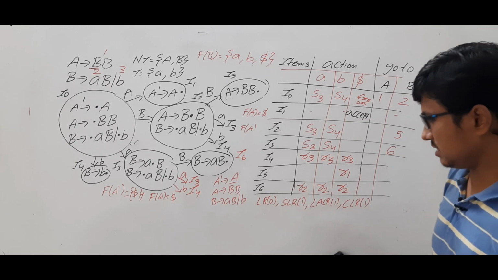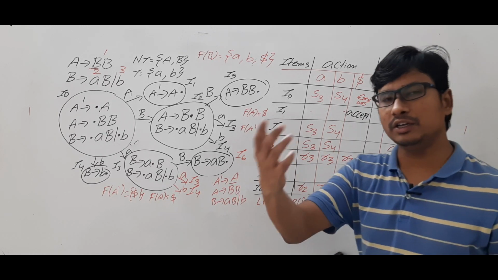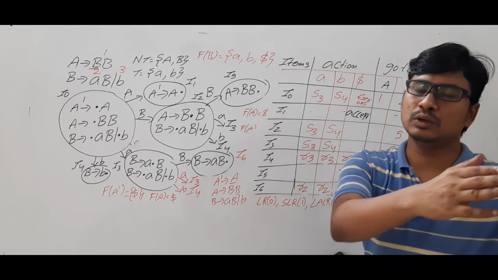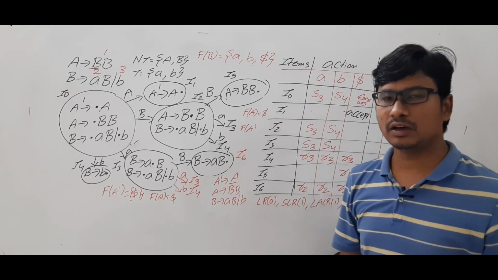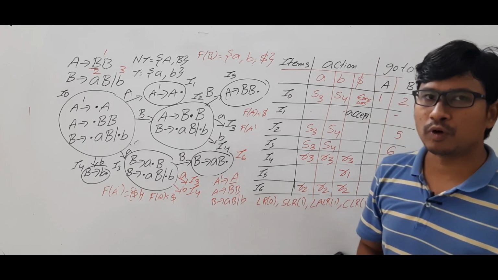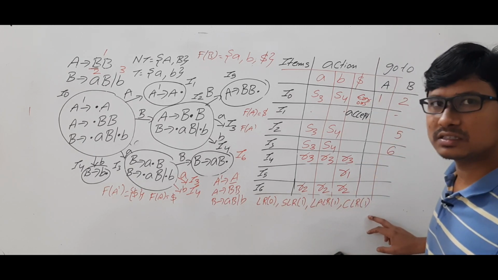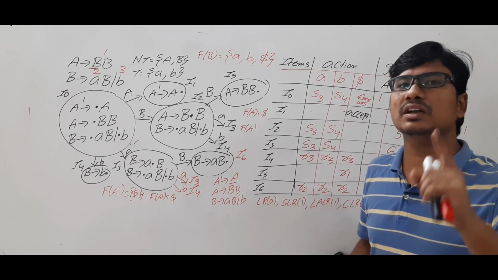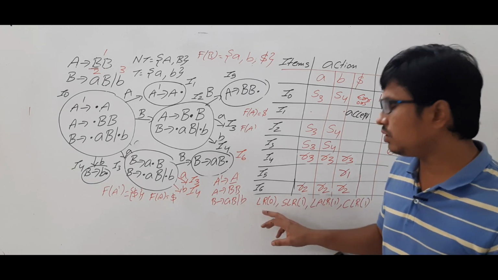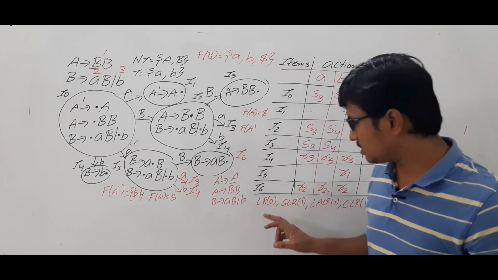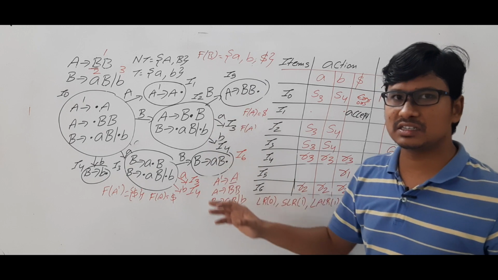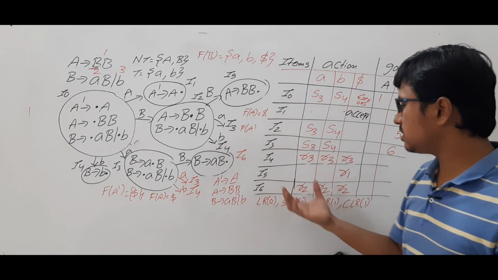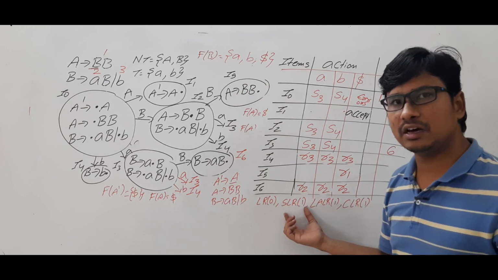All these parsers need the input string, the parsing table and the stack data structure to construct the parsing tree, am I right or wrong? And I said one more point also: in all these parsers the parsing process is the same, the only difference is the parsing table. In one of my LR0 videos, I have even discussed the LR0 parsing process. The same process you can apply for SLR1 also.